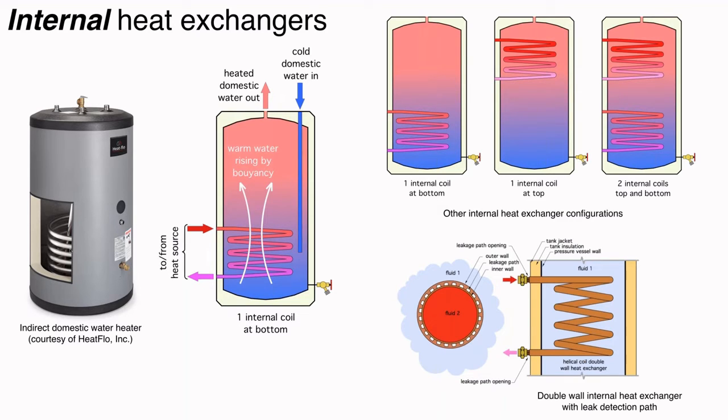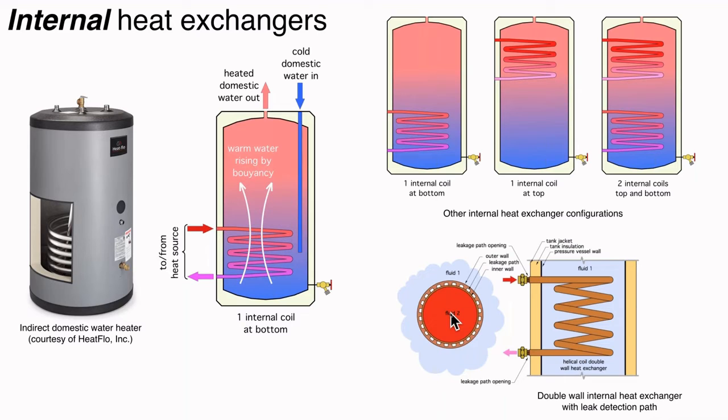Now, in some code jurisdictions, depending on what the fluids are, if it's an antifreeze fluid and you're exchanging heat with potable water, some code jurisdictions require what is called a double wall heat exchanger. And if you look at the cross section here, what's going on with a double wall heat exchanger is you actually have an intermediate space that has little grooves in it.